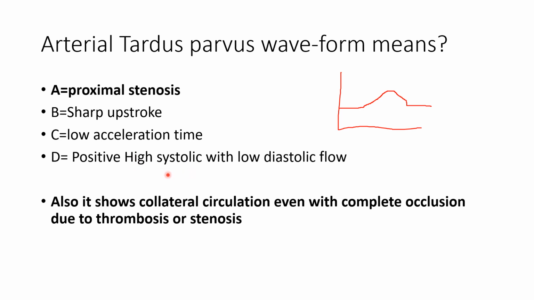Very important: tardus parvus is for collaterals too. Maybe we have an occluded vessel, but because of the collaterals, we see this tardus parvus waveform. So every time we see this pattern, we should interrogate for a stenosis proximal to this point, before this point.